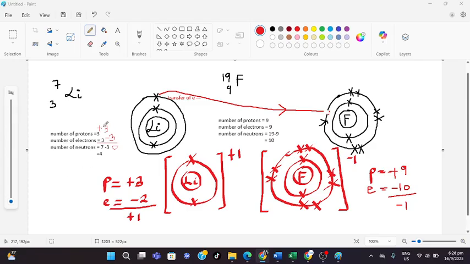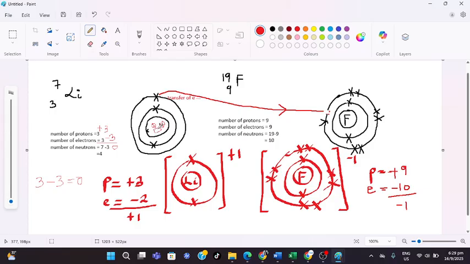Now, protons are positive, electrons are negative. If you say 3 minus 3, mathematically, what is that equal to? 0. So in the center of this atom, it has 3 positive charges: 1 positive, 2 positive, and 3 positive.